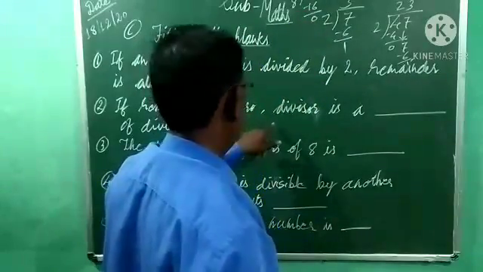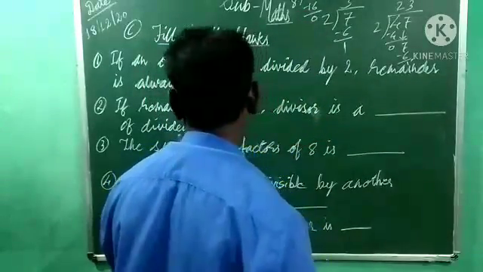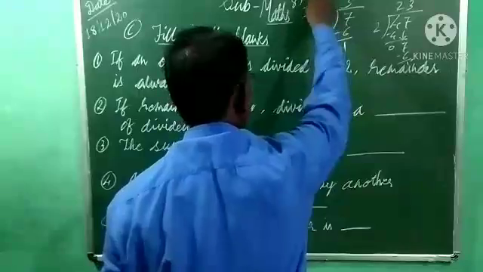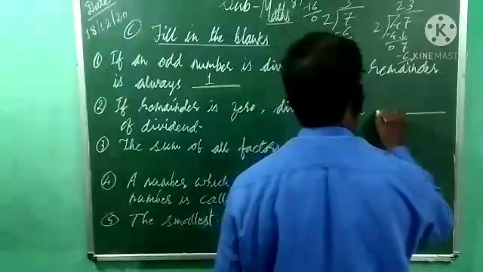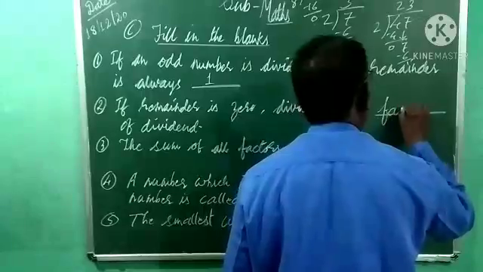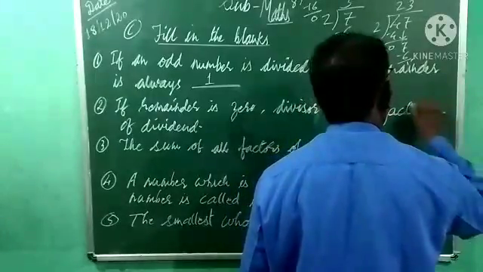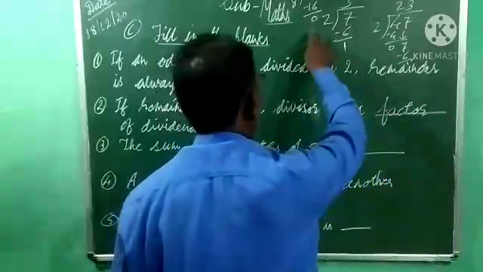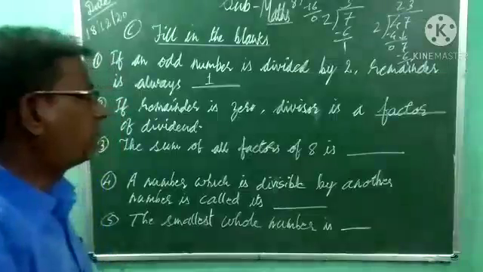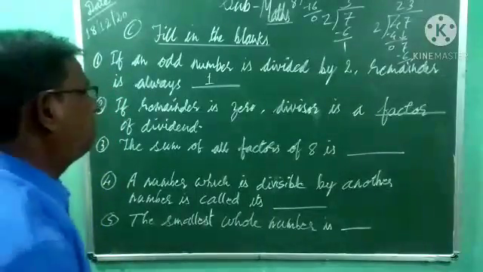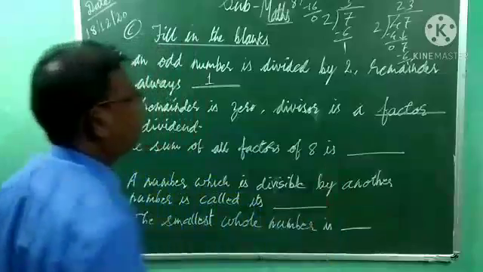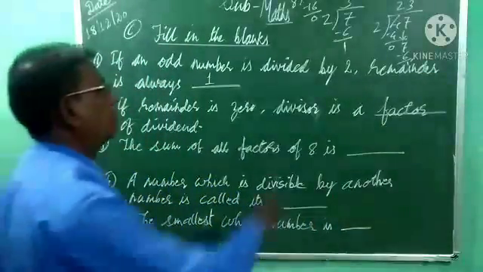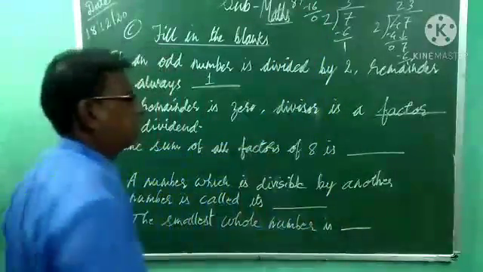Then divisor is a factor of dividend. Why? Because that dividend is completely divisible by the divisor. That's why if remainder is 0, then divisor is a factor of dividend. 8 is a factor of 16, we can say at that time.